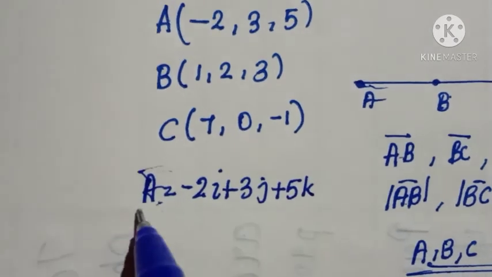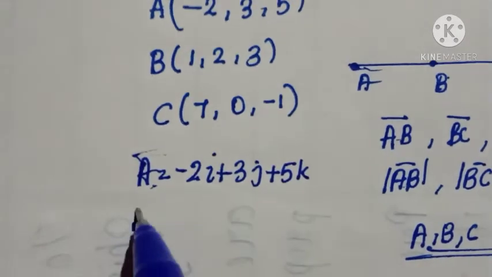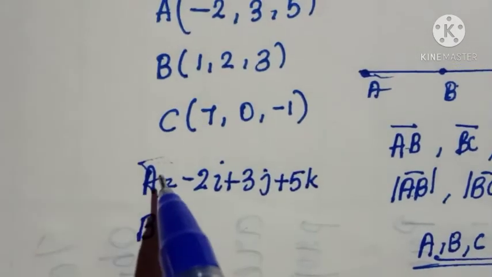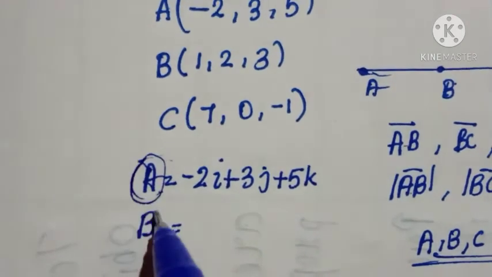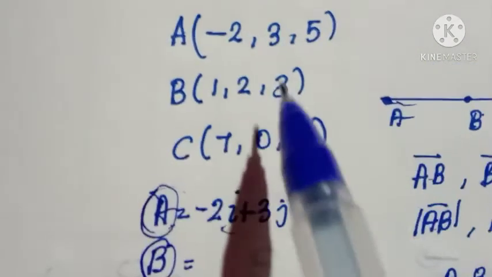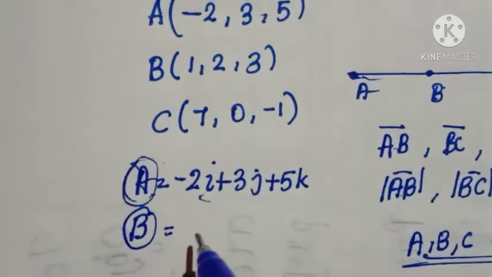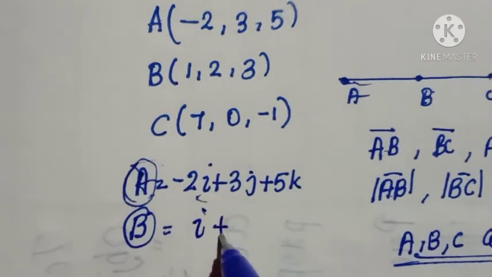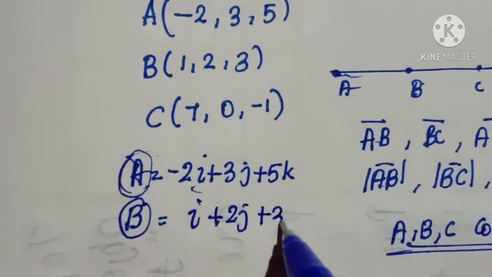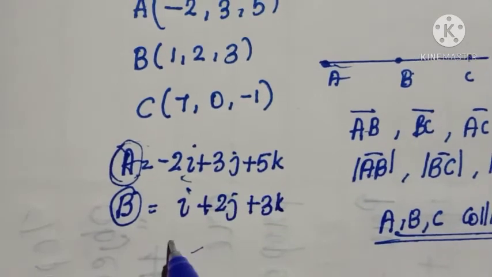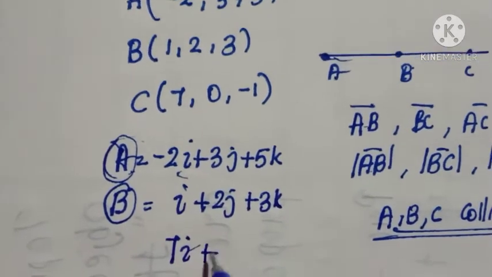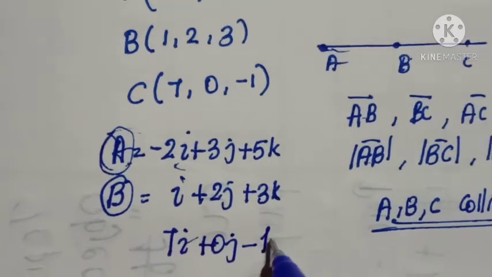Actually we can't write A is equal to, we are converting this point into its component form. And B can be written as I plus 2J plus 3K. And C can be written as 7I plus 0J minus K.